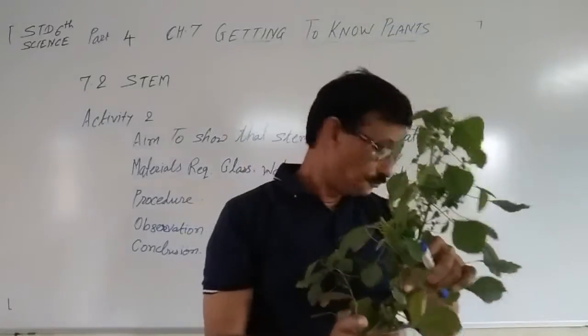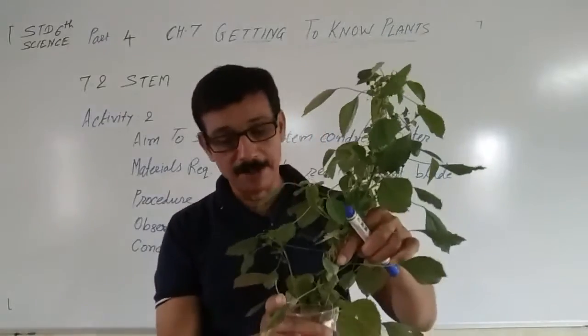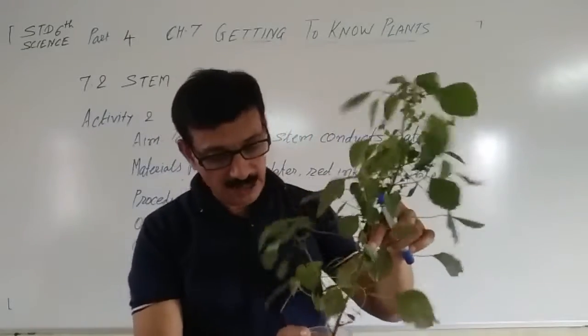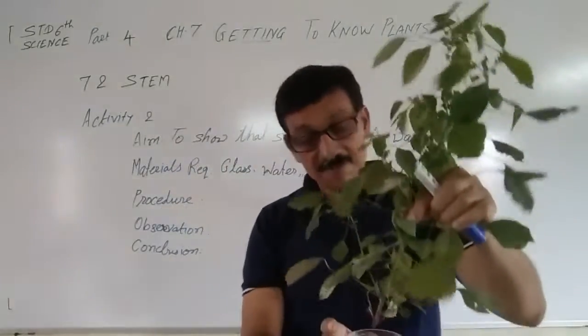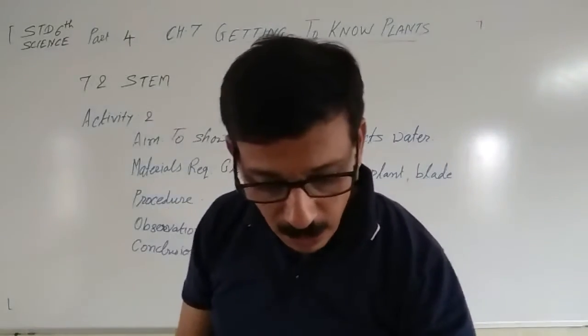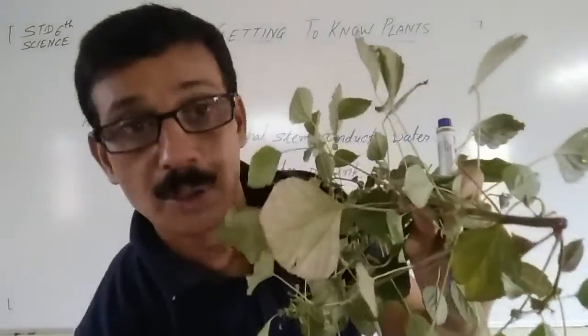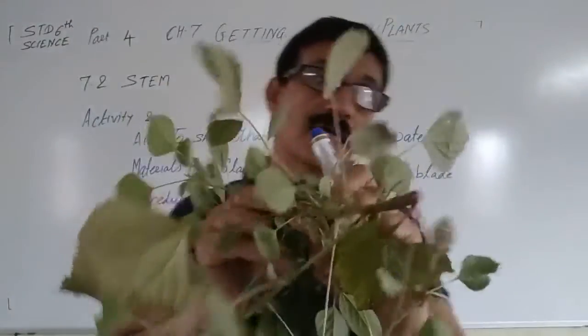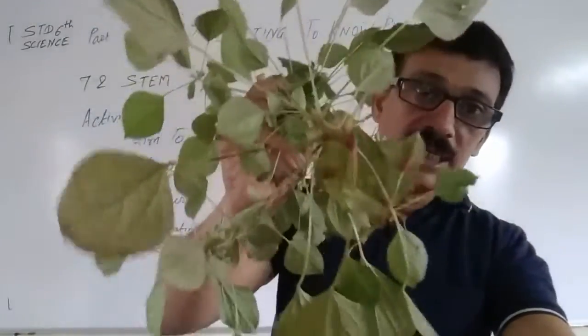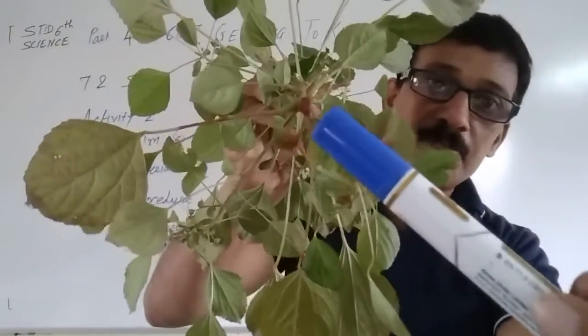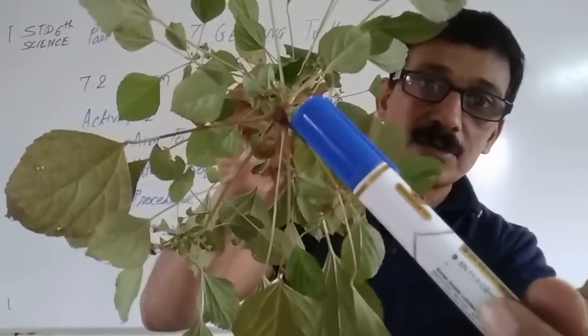Okay, now what will happen? First of all, let's see what is there in this. After 24 hours, you will be able to see this stem. Can you see a reddish part over here? This stem became red. Can you see that?